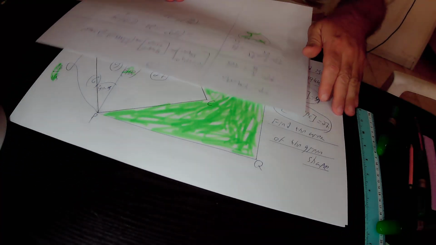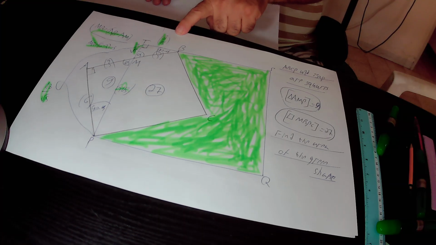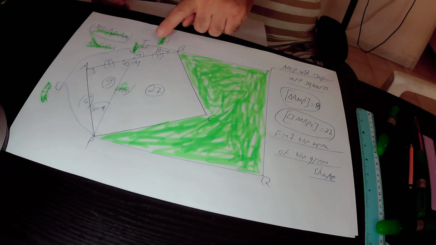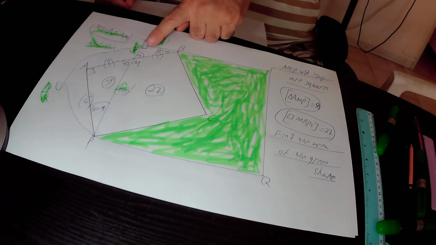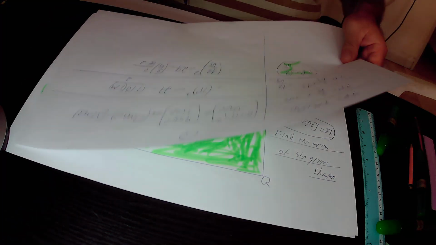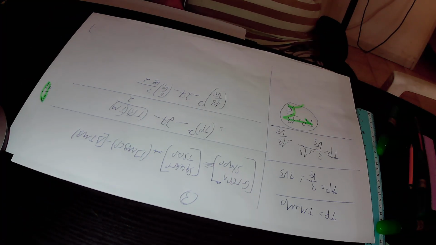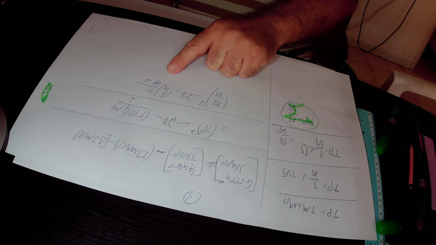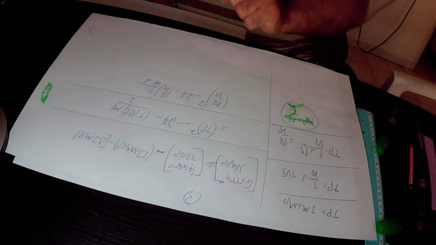The base TB equals 6 over square root of 5 units in length, times the height TM, which equals 3 over square root of 5 units in length, divided by 2. So in total, the area of the small right triangle TMB equals the base, 6 over square root of 5, times the height, 3 over square root of 5, divided by 2.